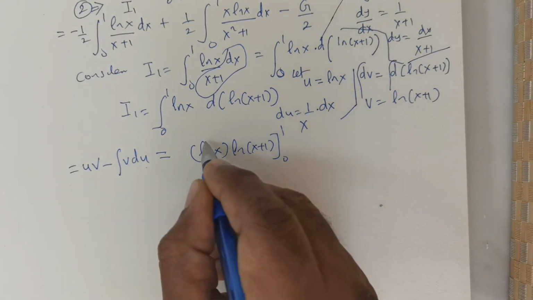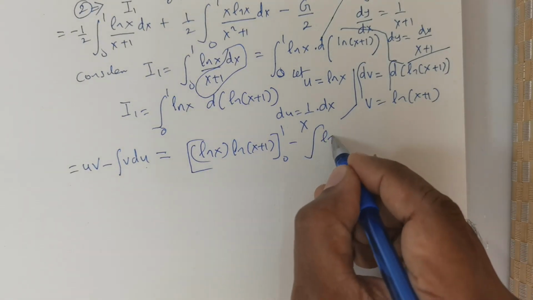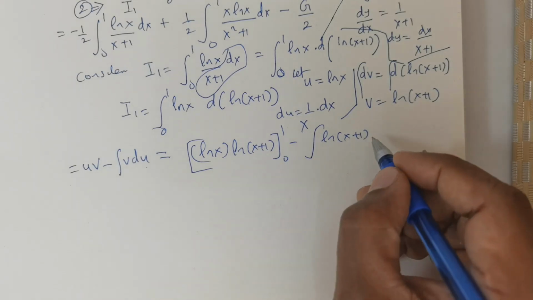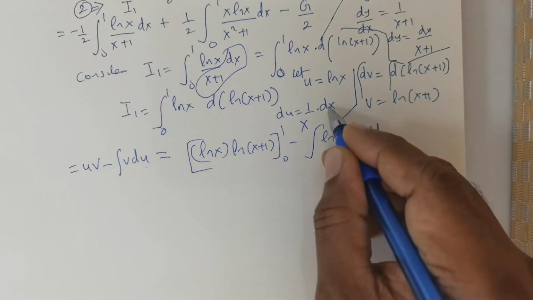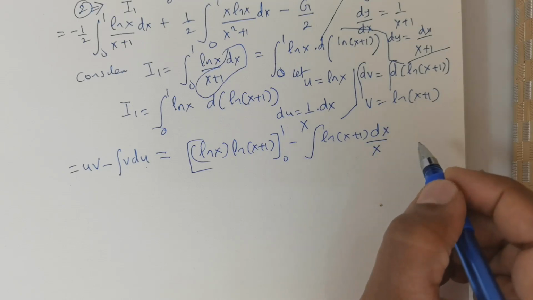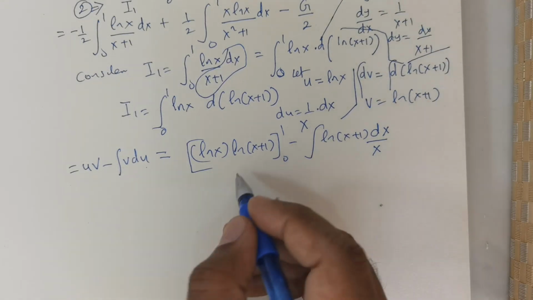The limits are 0 to 1, minus integral, my v is ln of (x + 1) times my du, which is dx over x, right?